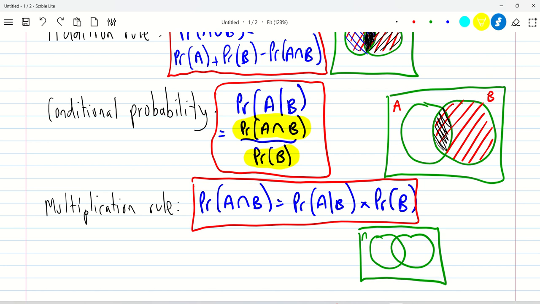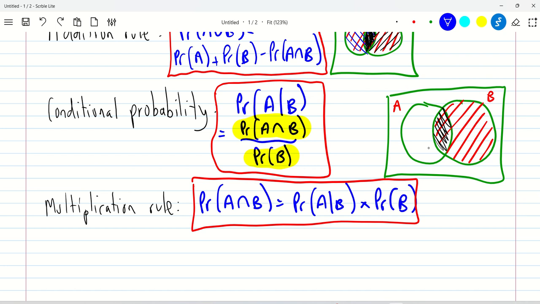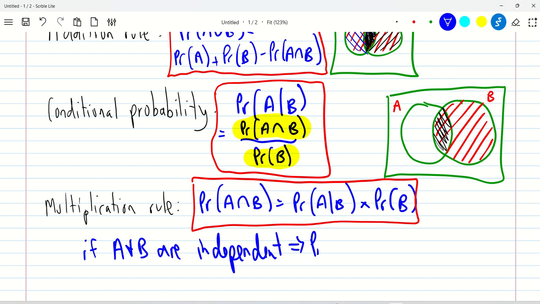And so what that means is that if A and B are independent, then we get a special result: the probability of A intersect B is equal to the probability of A times the probability of B. So we can just multiply probabilities together if they're independent.